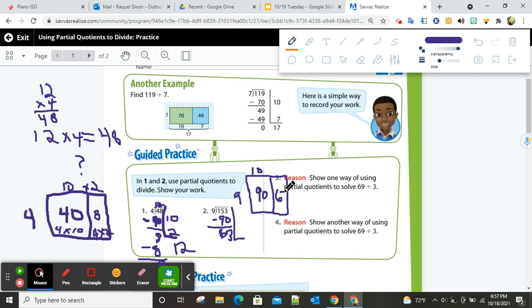And I know that 7 times 9, oops, wait a second. I wrote my 3 backwards. Sorry about that. 63. I know that that is 7. And remember, this is basically backwards thinking for area model, starting with the total in the middle.